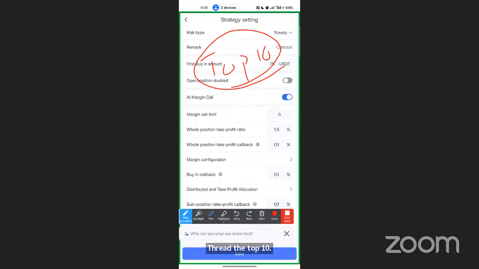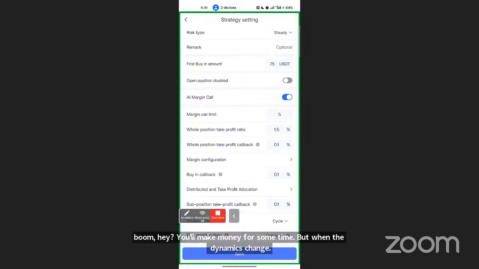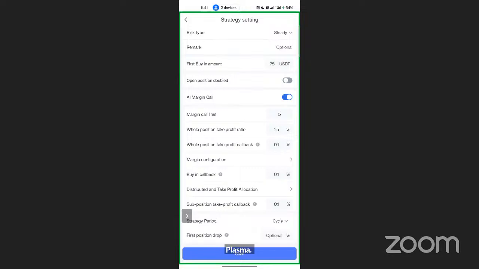Do not come to these Wanawinchi. These are the coins that BNX people, Pepe, Bonk. Hey, you will make money for some time, but when the dynamics change, they will sweat plasma. But let me tell you, not even 1,000 sats.